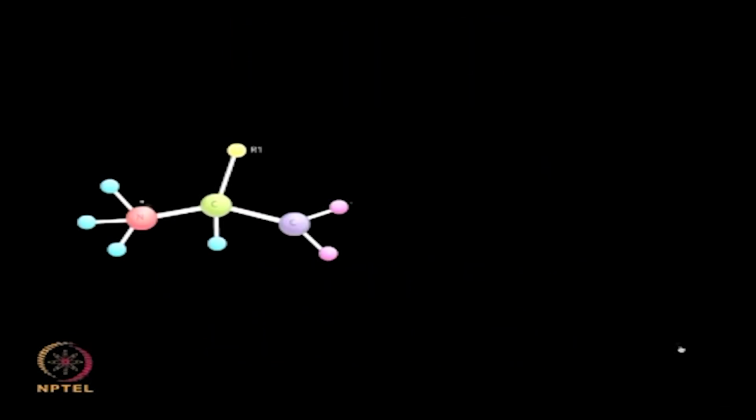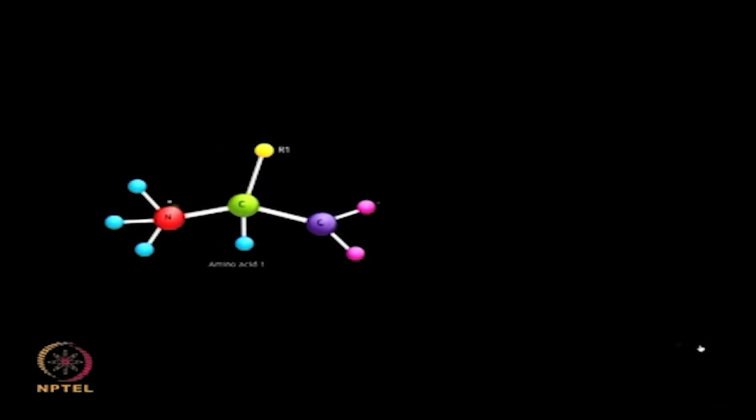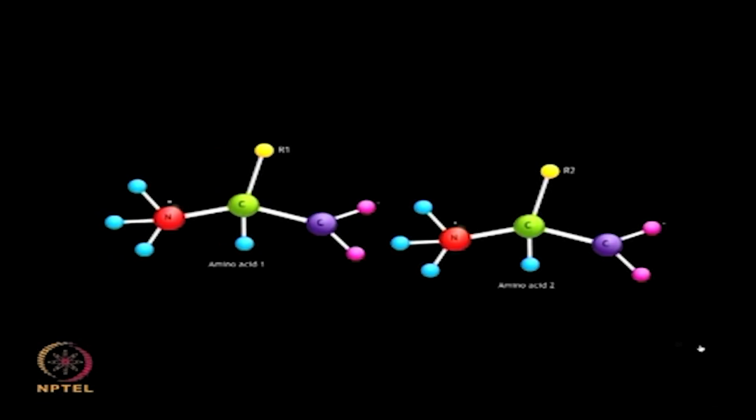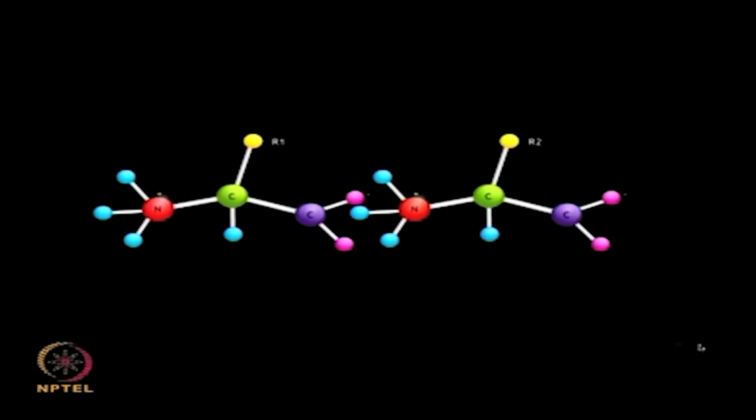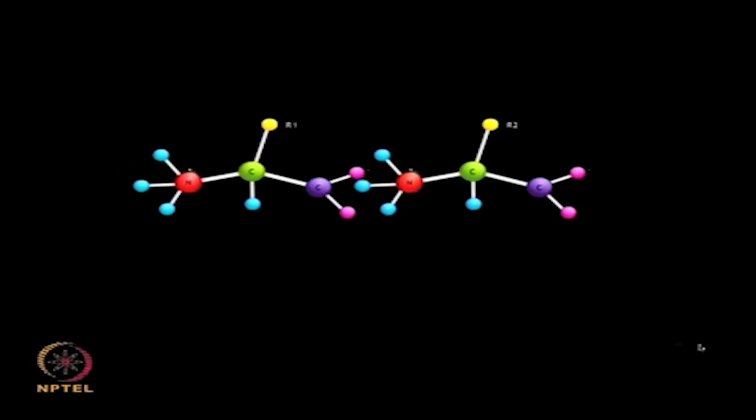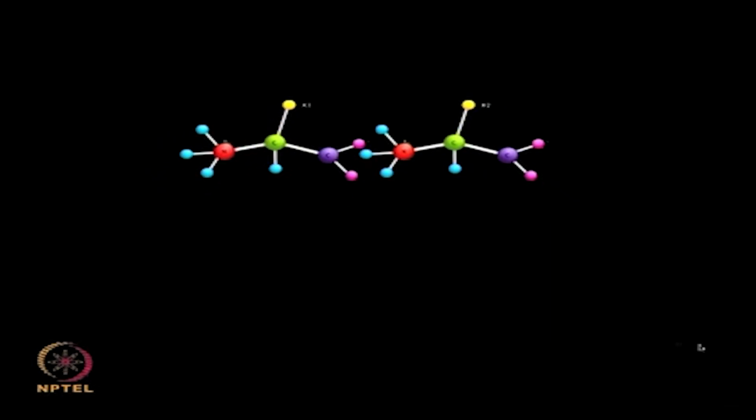Amino acids are the building blocks or monomers that make up proteins. Amino acids are oriented in a head to tail fashion and linked together such that the carboxyl group of one amino acid combines with the amino group of another amino acid.